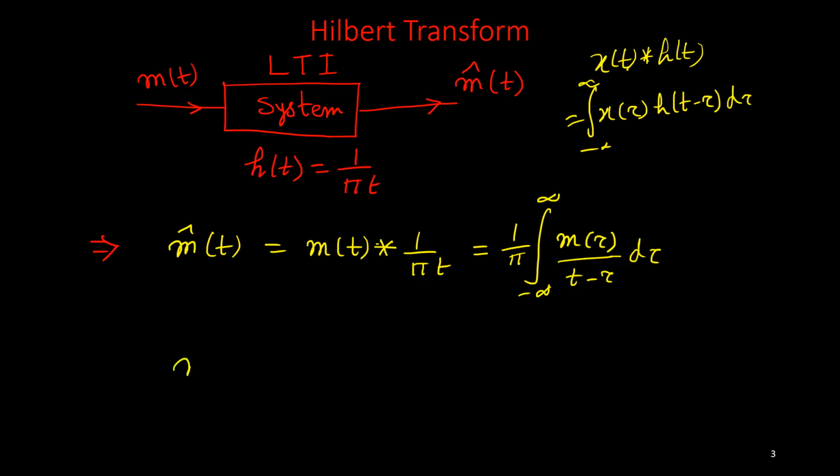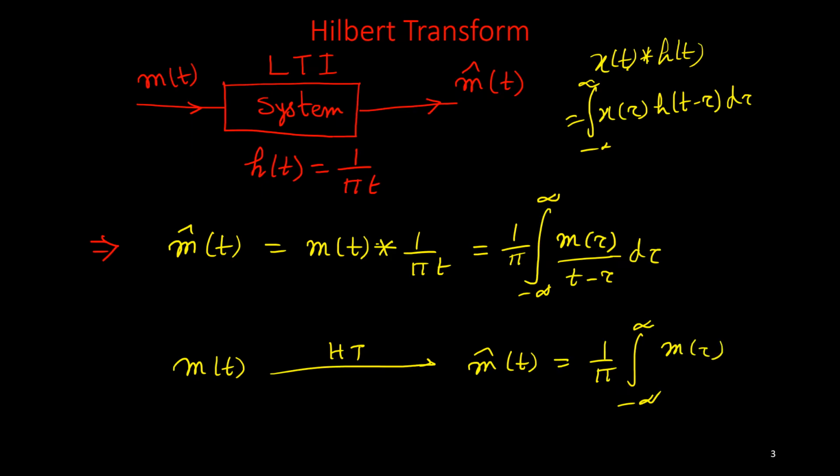You apply m(t) and you get the Hilbert transform m hat(t), and that is 1 upon pi, integral from minus infinity to infinity of m(tau) upon t minus tau d tau. And this transformation has some useful characteristics that we need to discuss in this lecture.